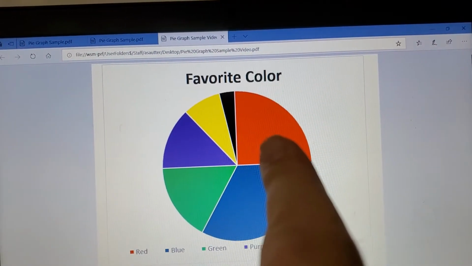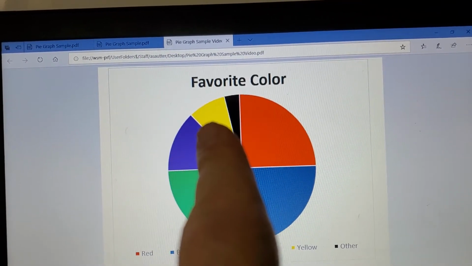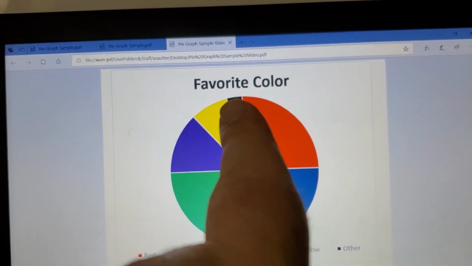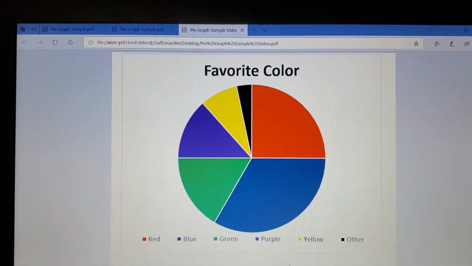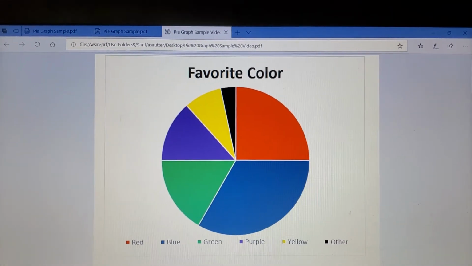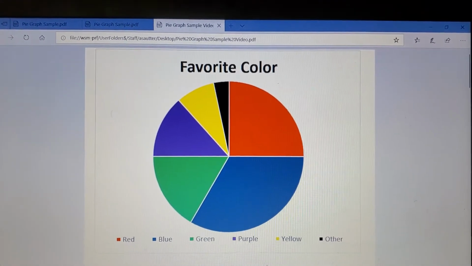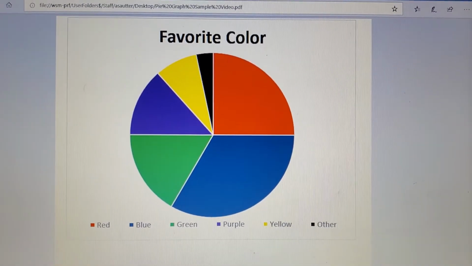Red looks like it comes in second. Green is third. It looks like purple is fourth. Yellow is fifth. And other, not listed, comes in last place. So it's a very quick and easy way to relay information without necessarily having to do a lot of reading.